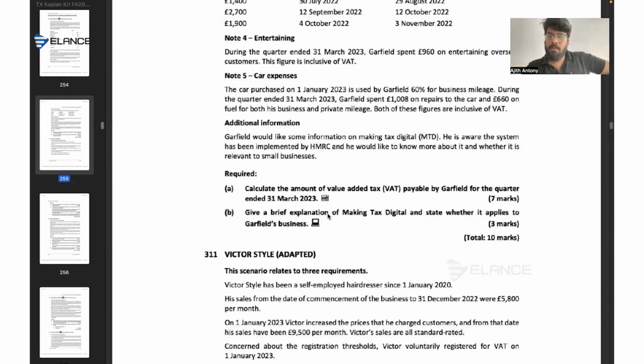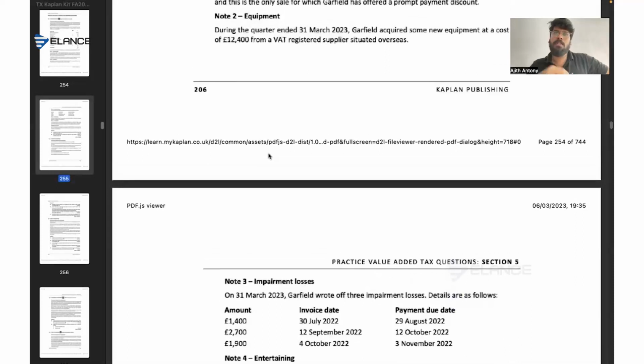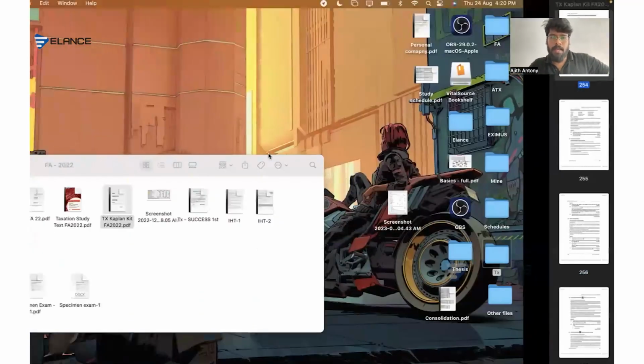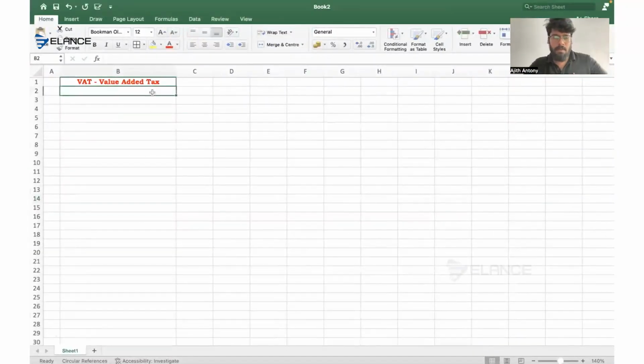Here we are required to find the VAT payable. We know what output tax and input tax are. Output tax is the amount we collect from our customers as tax on the sale of services or goods.